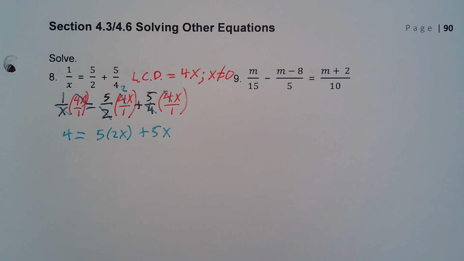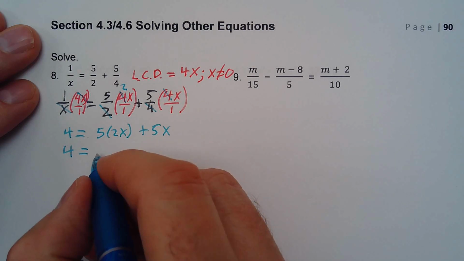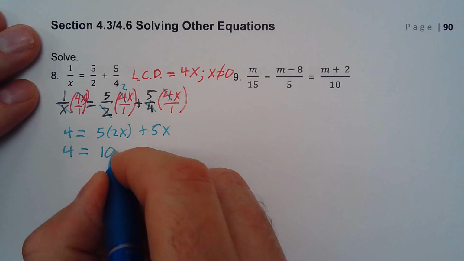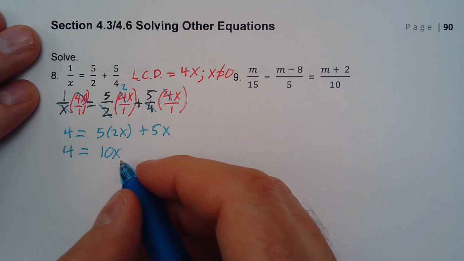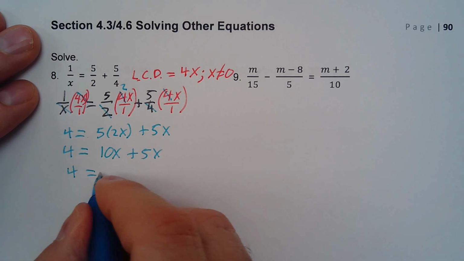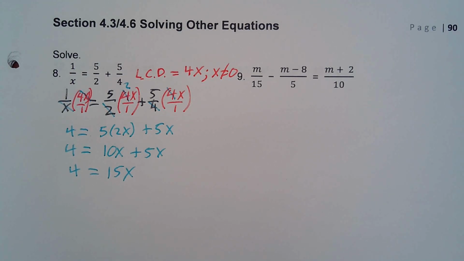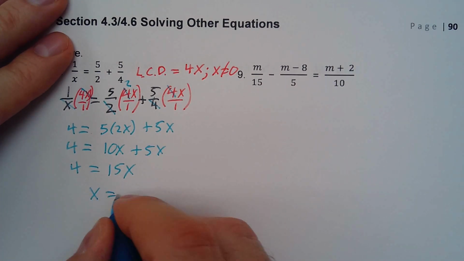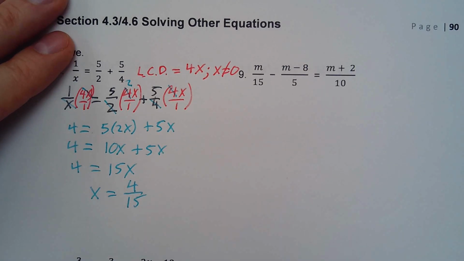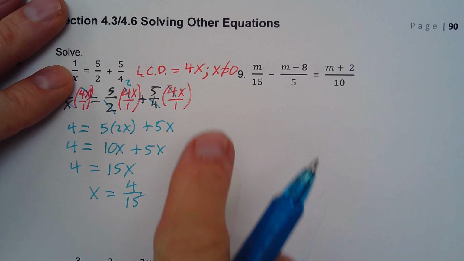Now working on this one, that's going to give me 4 equals 10x plus 5x. That's 4 equals 15x. And then we're going to divide both sides by 15. So that gives us 4/15. And that does not equal 0.